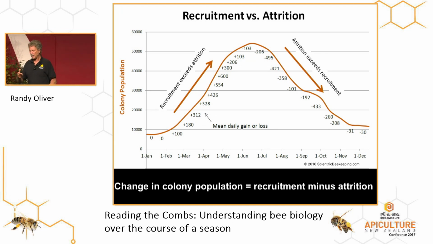If the queen is laying 1,500 eggs a day and the colony is building up at 500 bees per day, how many bees are dying per day? 1,000 bees are dying every single day from old age. Okay? So what I find is with people when I say to do an alcohol wash to look for varroa, and you're going to sacrifice 300 bees, they go, oh my God, sacrifice 300 bees?